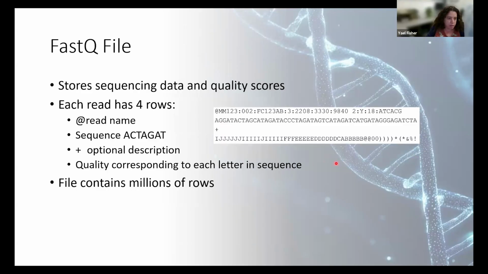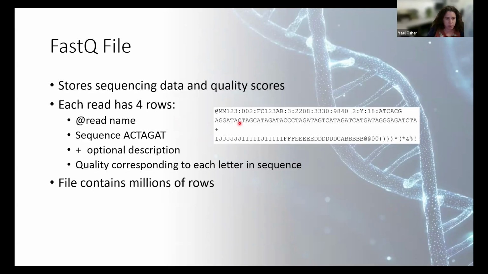But in the rest of the process, the algorithms can use this to interpret the quality of our findings. Now, each FASTQ file will contain millions of rows, okay? 4 rows for each read or each sequence that was produced by the sequencer.